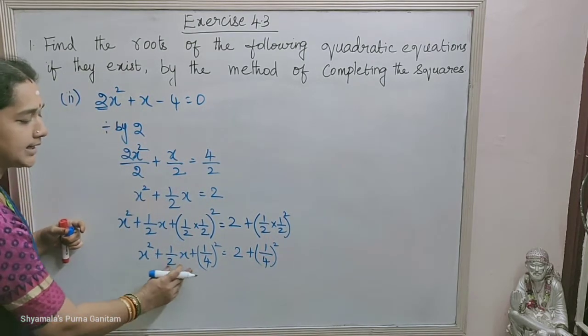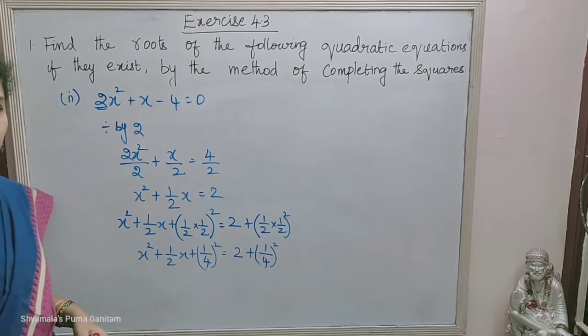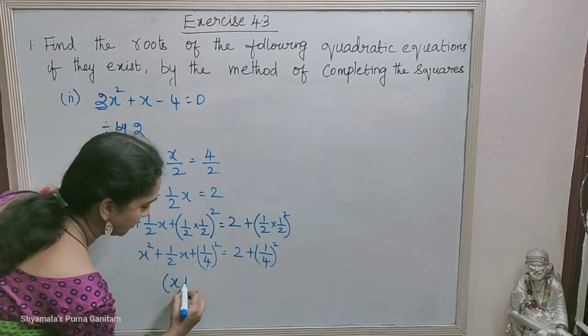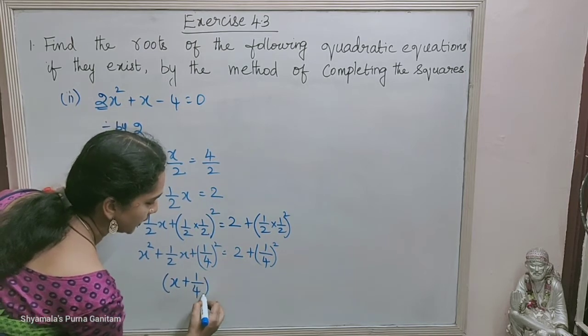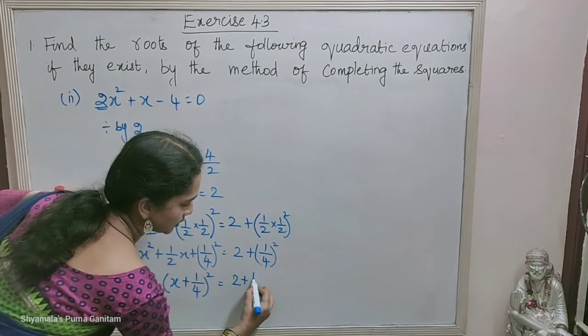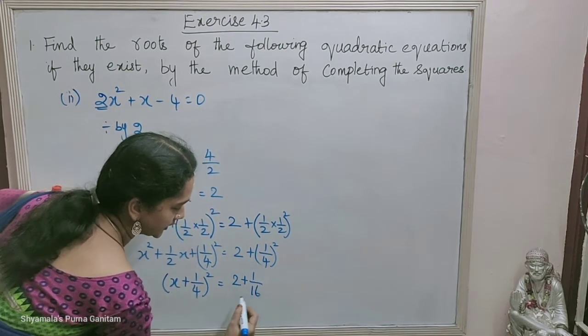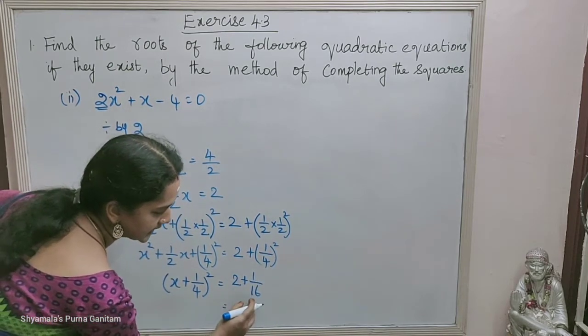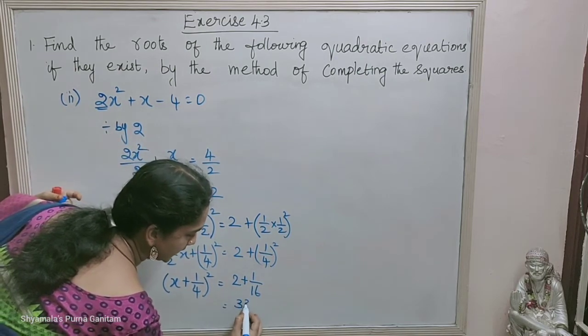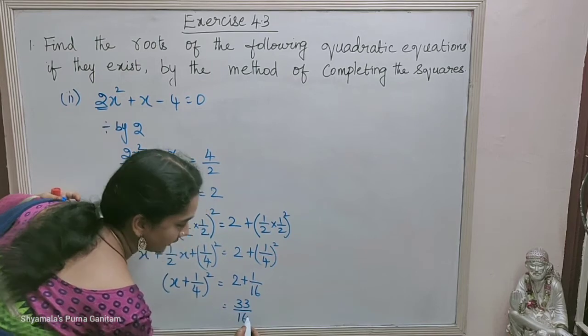Here you have a positive sign, so it is a plus b the whole square. So x plus 1 by 4 the whole square is equal to 2 plus 1 by 16. If I simplify this, 16 twos are 32, 32 plus 1, 33 by 16 I will get.